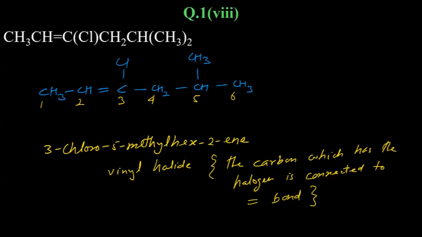Yes, correct. Yes, Tika, vinylic and allylic, there are two types of halides. Vinylic halides are those in which the carbon which has the halogen is attached to the double bond.